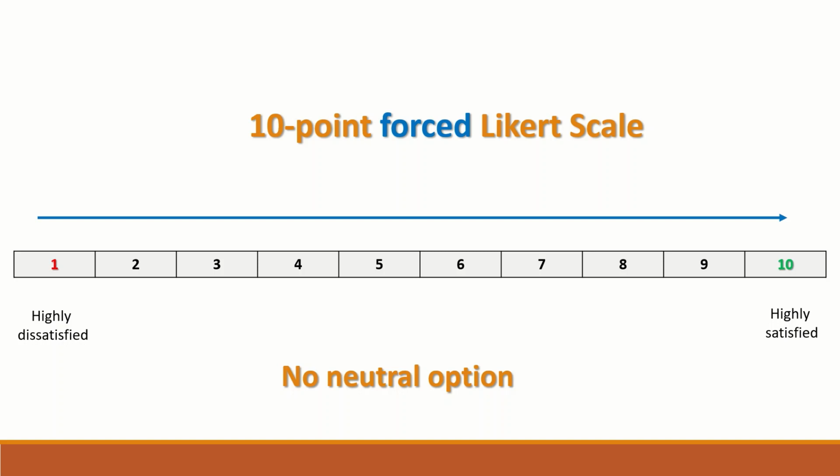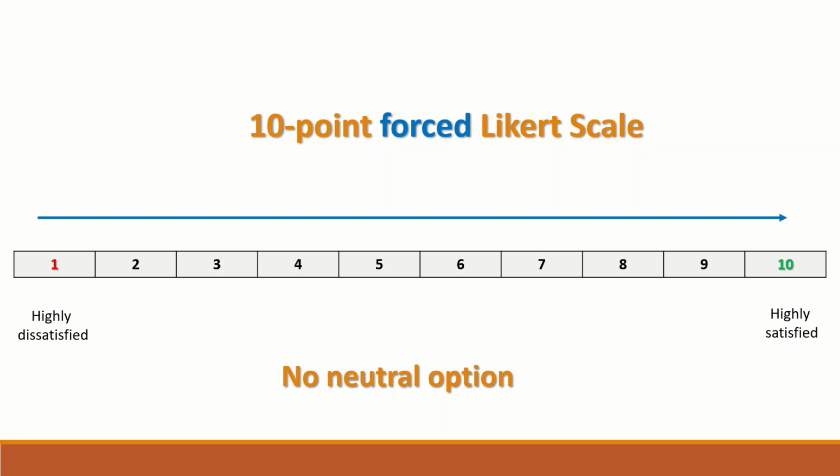Now, the first forced Likert scale I will describe is the 10-point. In the 10-point scale, a participant is given options for choosing an answer to specific questions, in the form of points from 1 to 10, and that's why it's called 10 points.